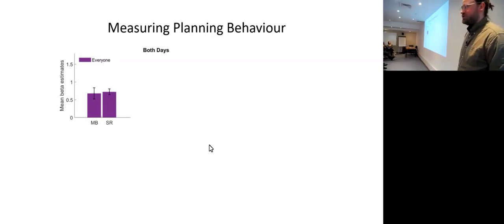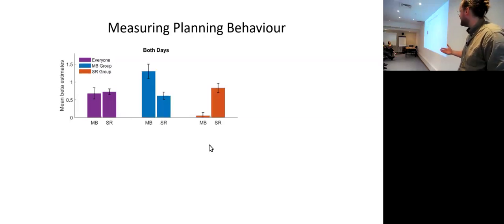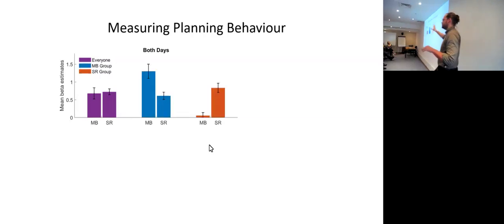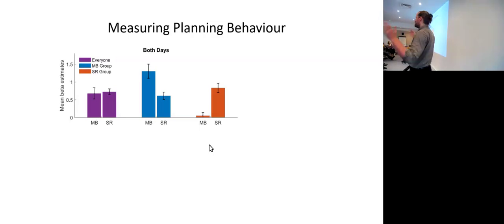So to move forward, I'm not saying this is really a result, it's more of a presentation device, I'm going to split this data into 2 groups. I'm just going to median split them based on how model-based they are. I'm not saying that there are 2 groups, I'm just saying this is a very convenient way to show you what's going on here.